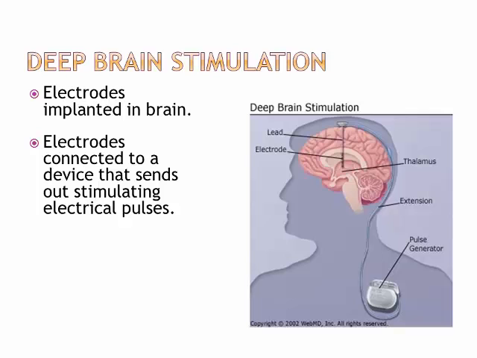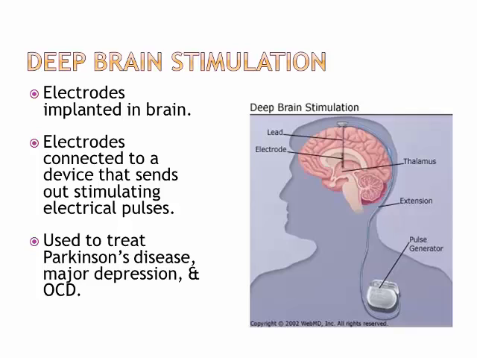Although this procedure is less potentially damaging than other procedures, potential risks of it are infection, seizure, personality changes, dementia, and memory disturbance. Long-term risks are unknown at this time. Traditionally, it has been reserved for the use of Parkinson's disease, major depression, and OCD, or obsessive compulsive disorder.